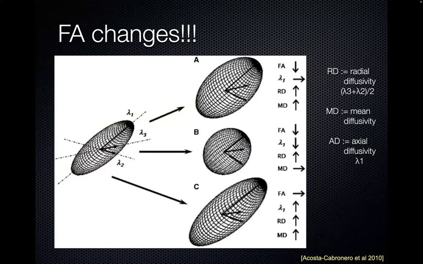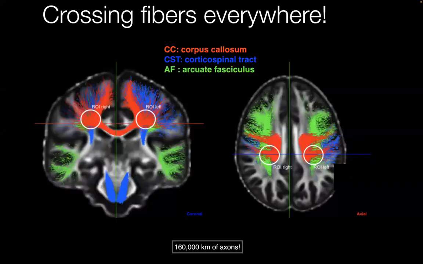But imagine that you actually had something like this here, and only one of the two fascicles is deteriorating. The other one is fine. FA is going to break here, and it's going to show you a profile that might lead you to a wrong interpretation because you haven't taken care of this healthy tensor here. So we're going to see how we can do this better. But so, crossing fibers are everywhere.